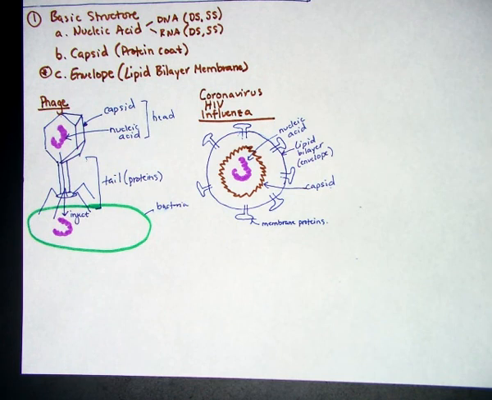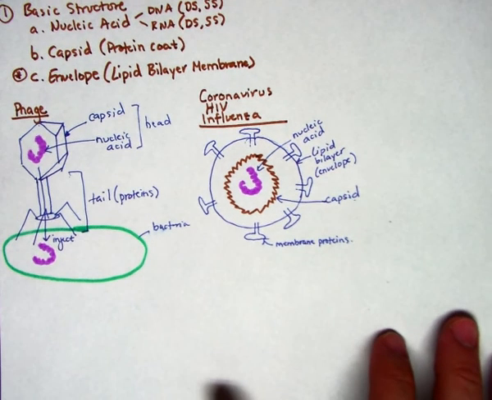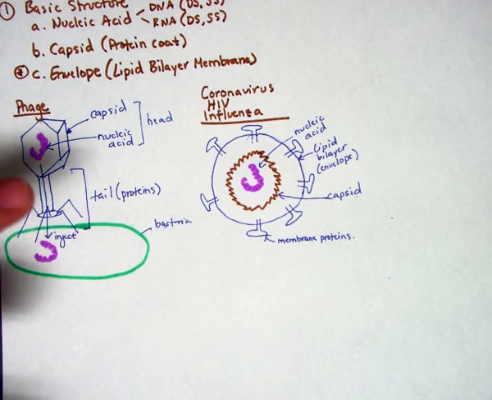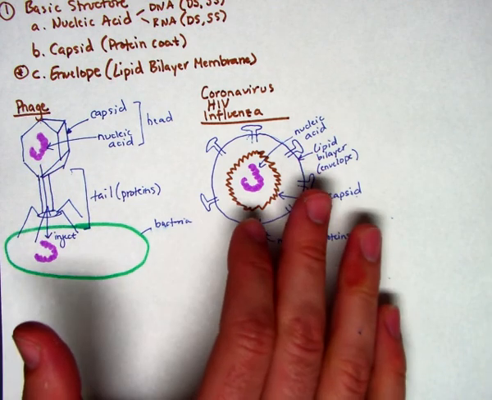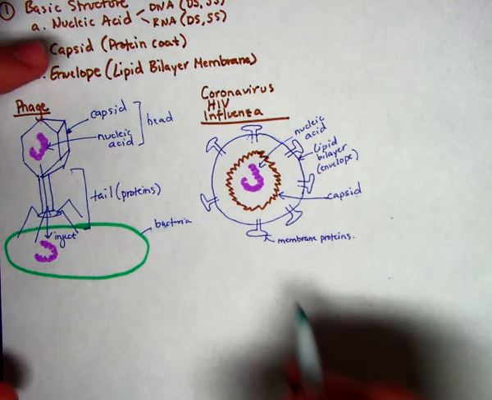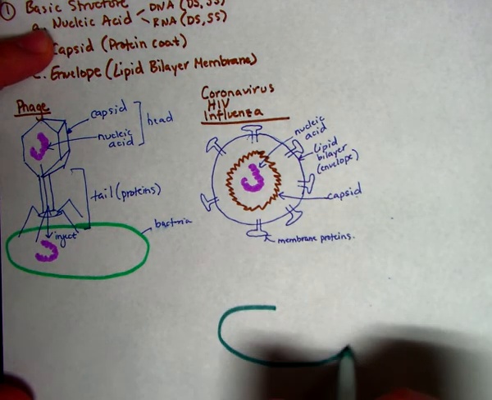Now, why this is particularly useful for a virus, if they have an envelope, is because now we learned about how phages infect. These types of viruses with envelopes tend to infect in a little bit of a different way. So if we take a cell, this isn't necessarily a bacteria, it could be a bacteria, but just a cell.